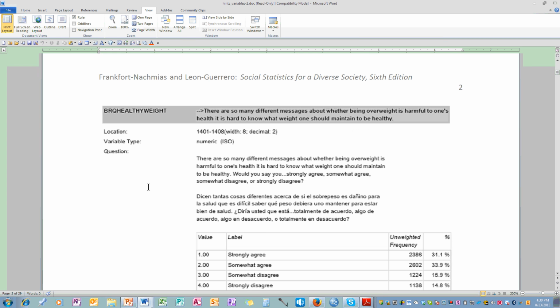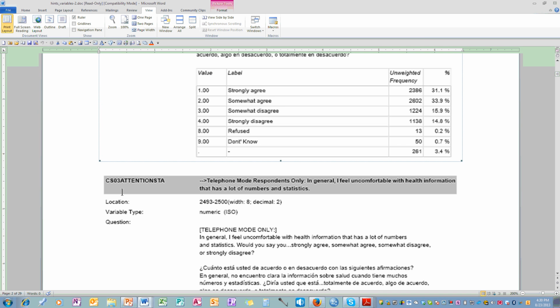Remember, guys, if you're interested in this question, what you would want to do is note the mnemonic. And these mnemonics for the HINTS data are relatively long. This one on BRQ, healthy weight, right? This other one, but just note those, cut and paste those. That way you can easily reference those variables via that mnemonic when you're in SPSS later.